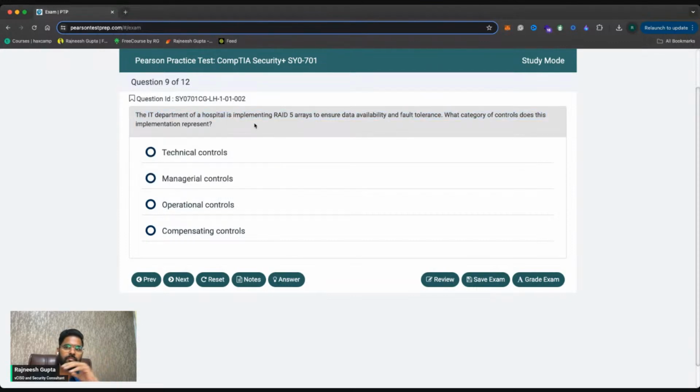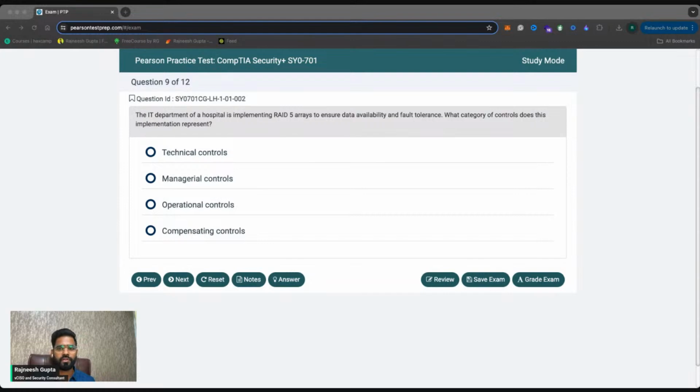The IT department of a hospital is implementing RAID 5 arrays to ensure data availability and fault tolerance. What category of control does this implementation represent? Everyone, first of all, what is RAID?